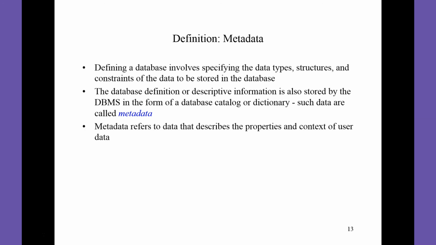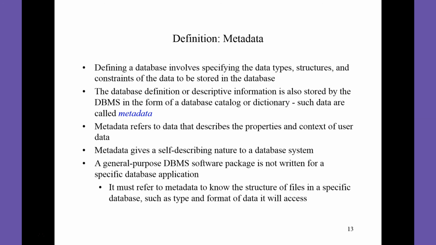It's data that describes the properties and the context of other data. Metadata gives a self-describing nature to a database system because we're not only storing the data, but we're storing descriptions of the data: the data types, the structures, names of the tables, names of the columns, and so forth. A general-purpose database management system is not written for a specific database application.